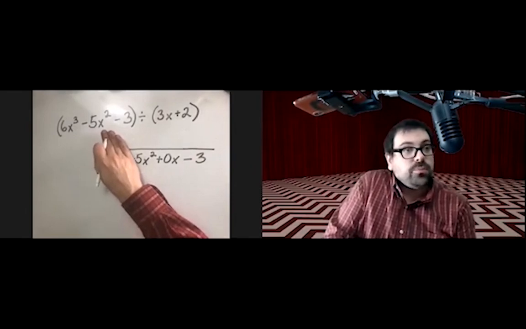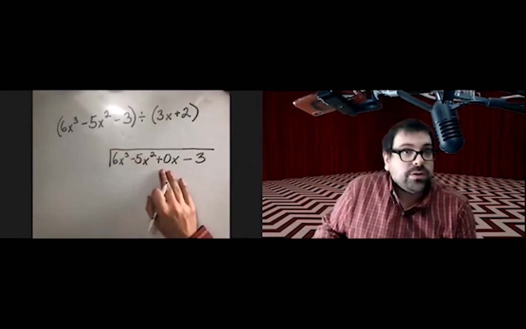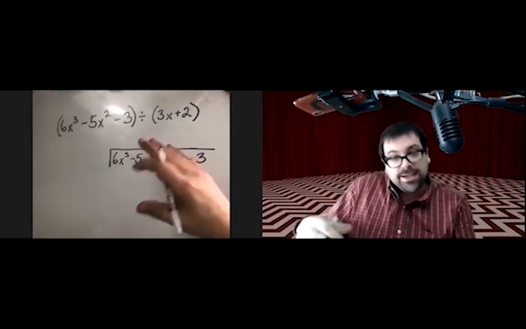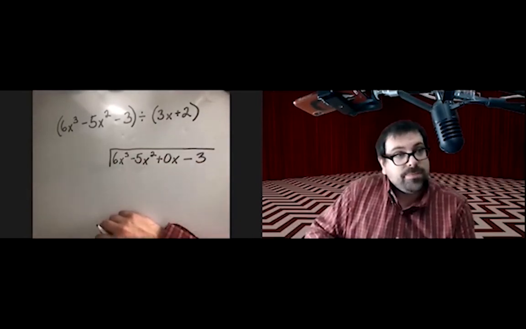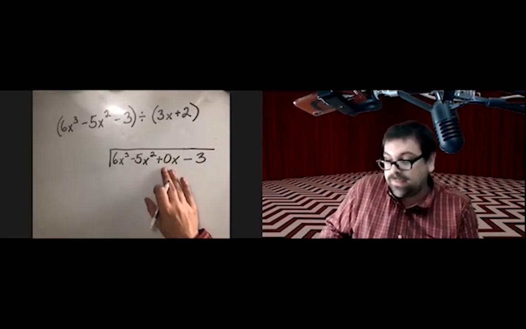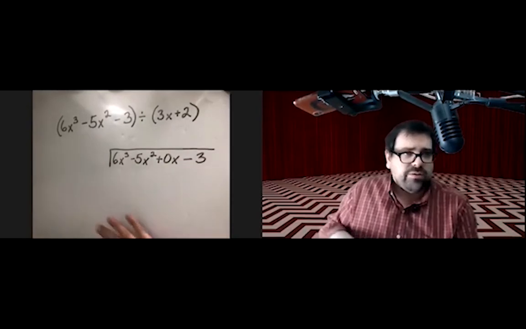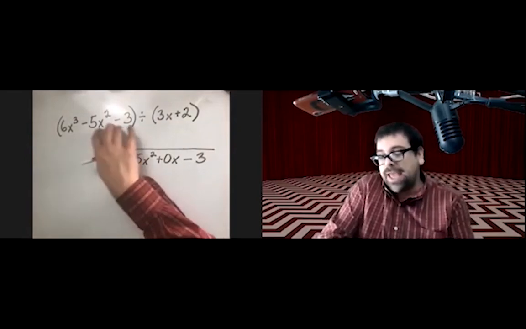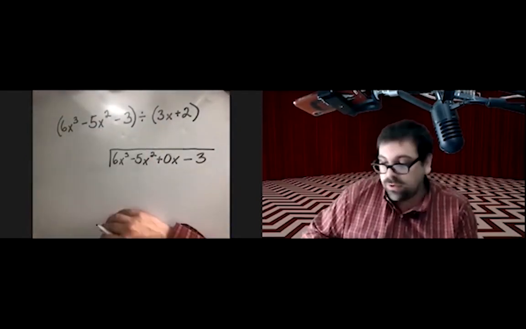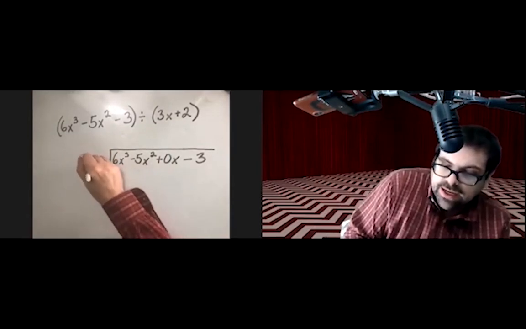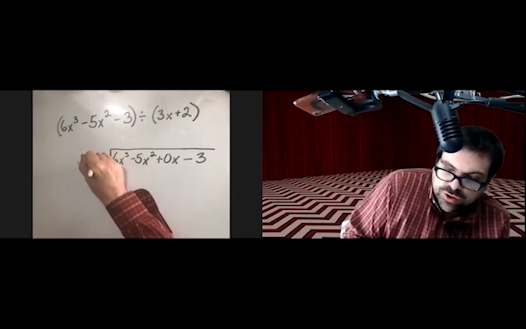We need to basically make a placeholder, because when we do all this subtraction, notice in the last problem, the x's kind of lined up with the x's. The way it works out is if we don't leave a placeholder for the x, then we don't have a place to put our x's and the whole thing falls apart. So if we're missing a specific term, whether it's the x squared or the x, we have to account for that by putting a placeholder in. And we're dividing by 3x plus 2.